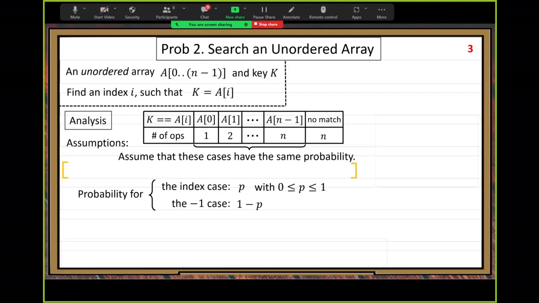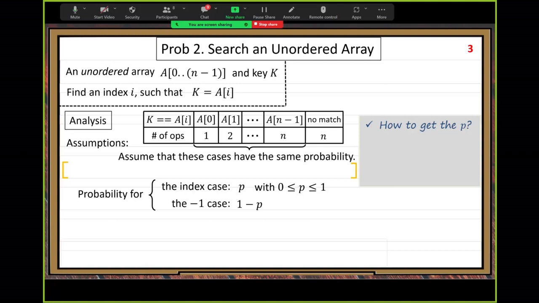Some people may ask how to get p. Here we assume little p is known, a given value. The question is, how do you find this probability value?